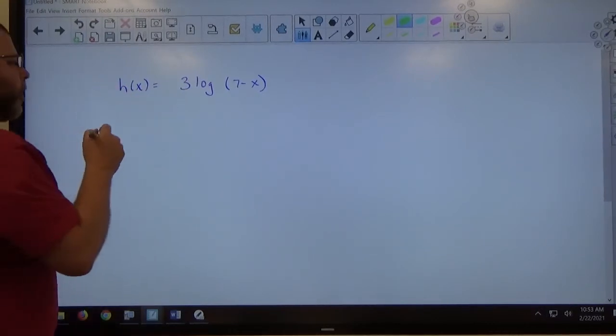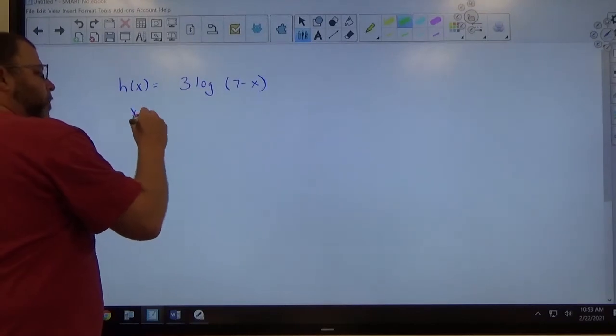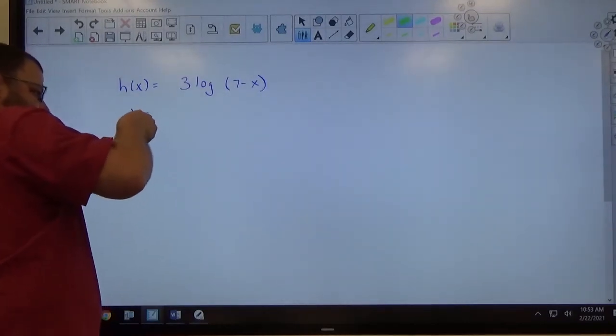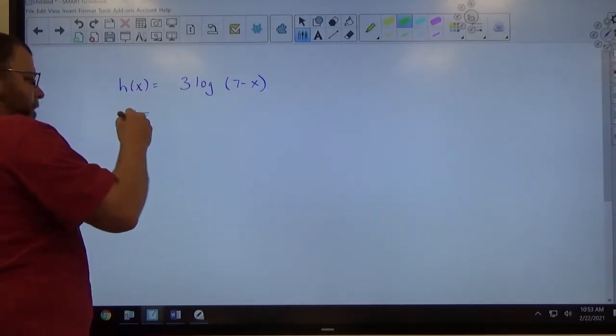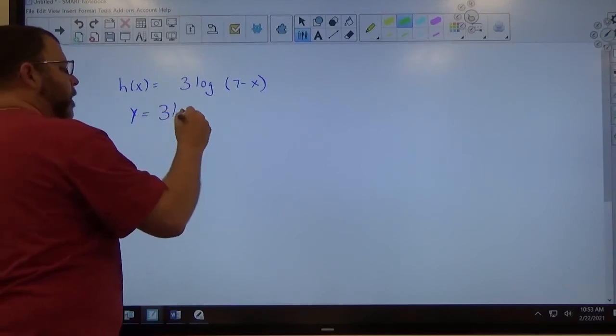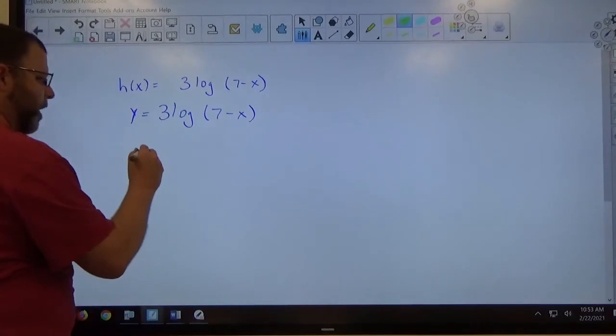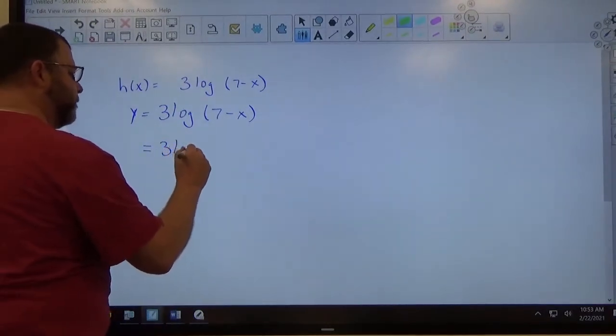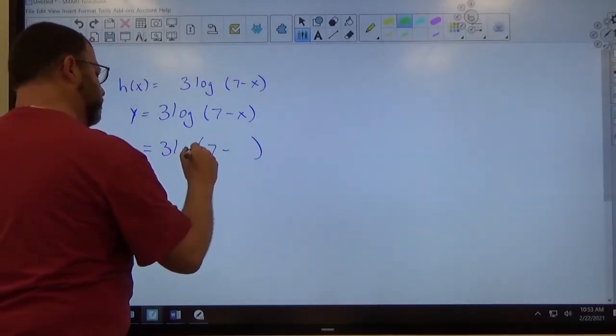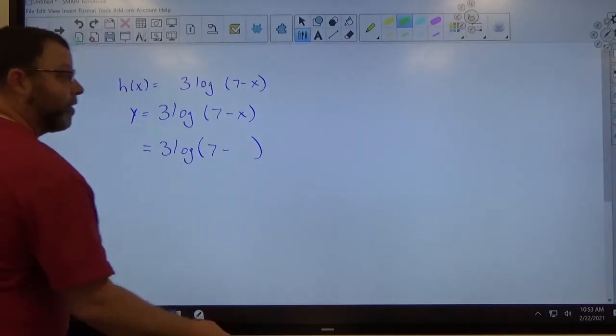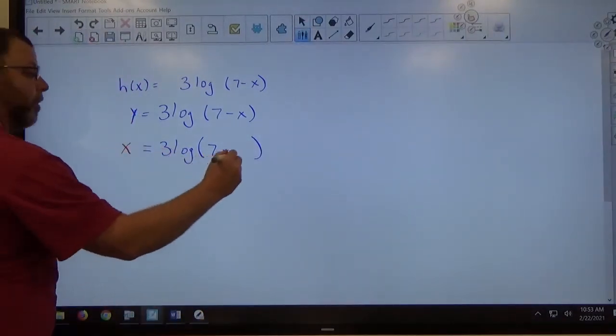All right. So if I write it first of all as y equals 3 log of 7 minus x. To make the inverse function, everything's the same except y becomes x, x becomes y.